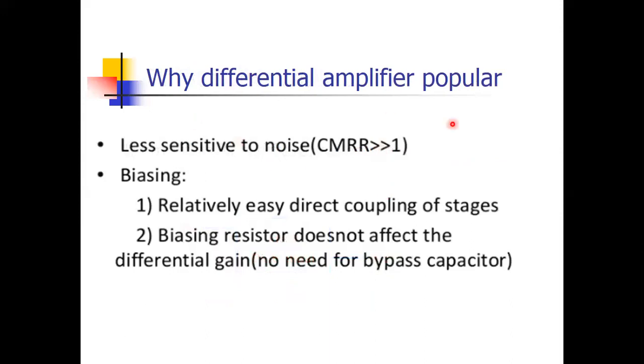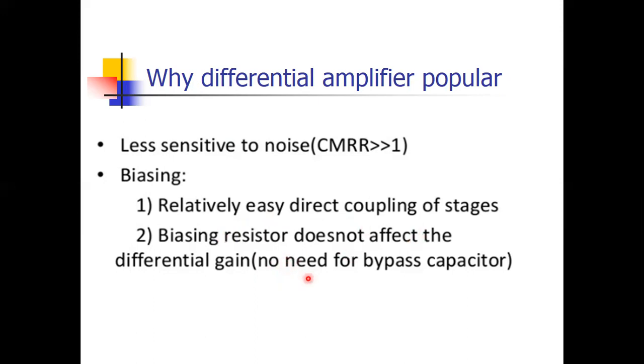Then why is the differential amplifier so popular? There are different reasons. It is less sensitive to noise, and noise is a very undesirable parameter for any design. CMRR I'll tell you later. Biasing can be done very easily, because the stages are directly coupled. The biasing resistor doesn't affect the differential gain.